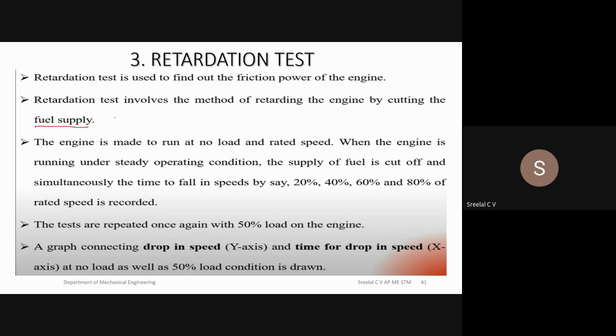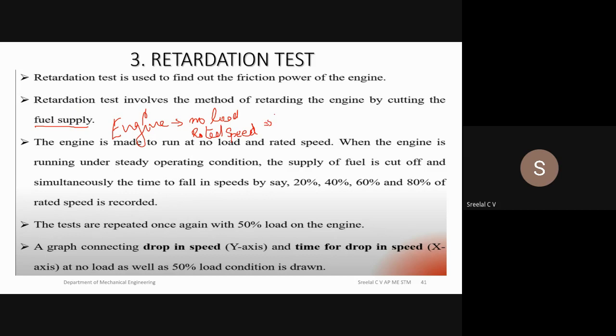So first of all, in this experiment the engine must be in the no load condition and we will allow it to run at the rated speed. In the no load condition at rated speed, first we can conduct this test.